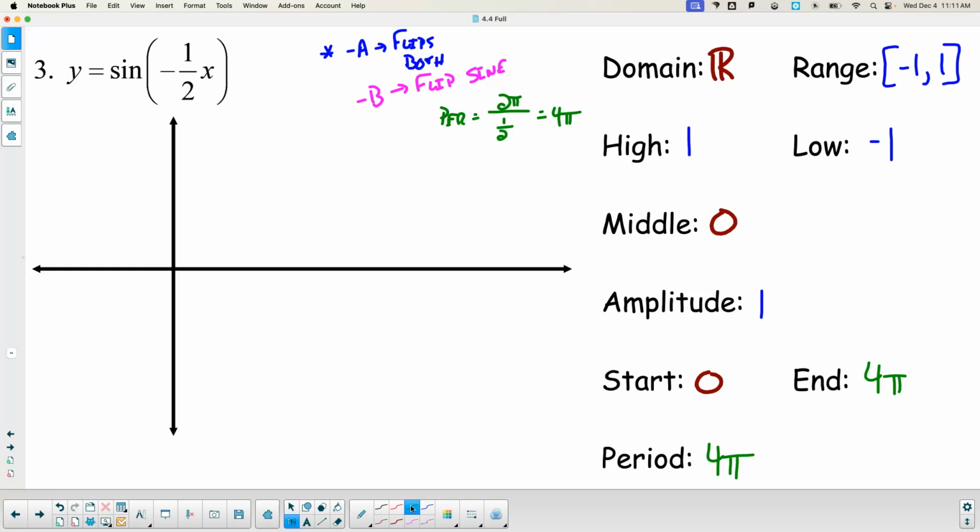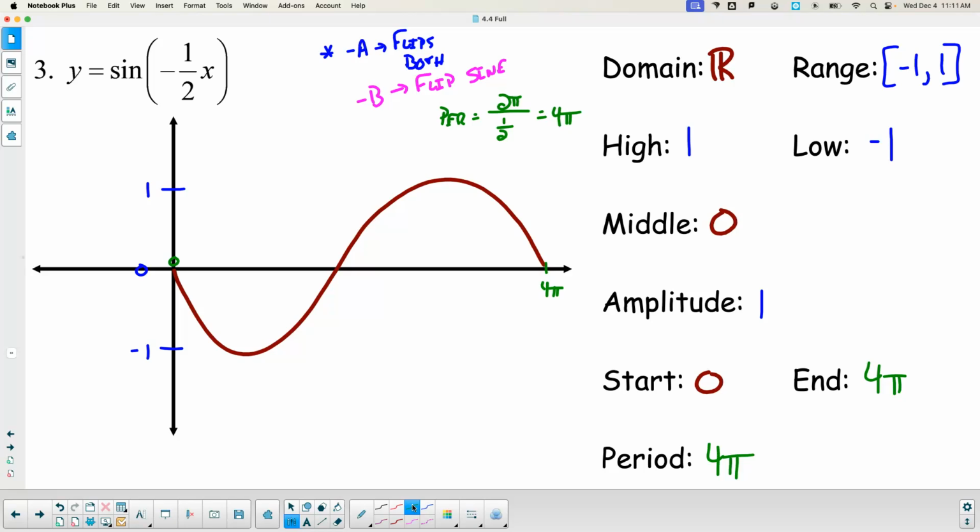Negative b value, flip the sign. So it will look like that. High value of 1, middle value of 0, low value of -1. Started at 0, ended at 4 pi.